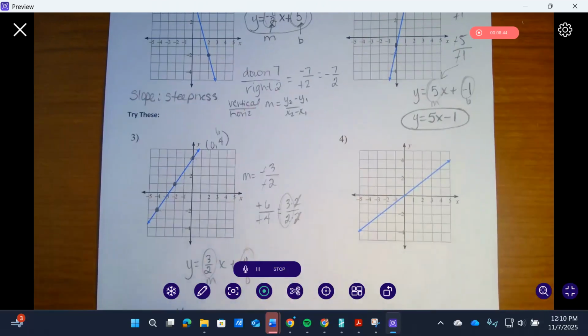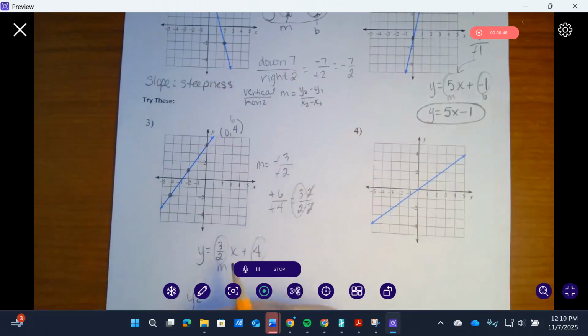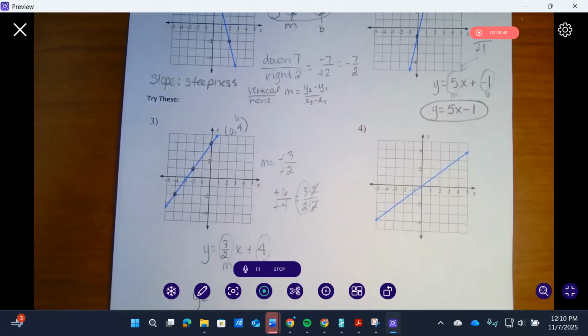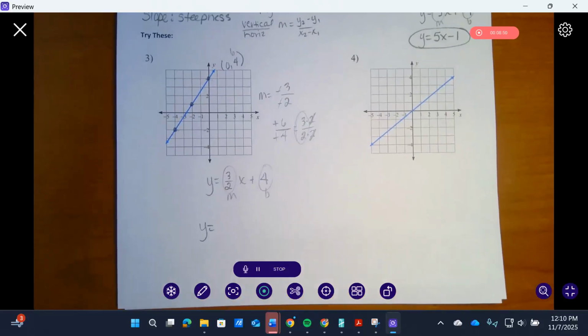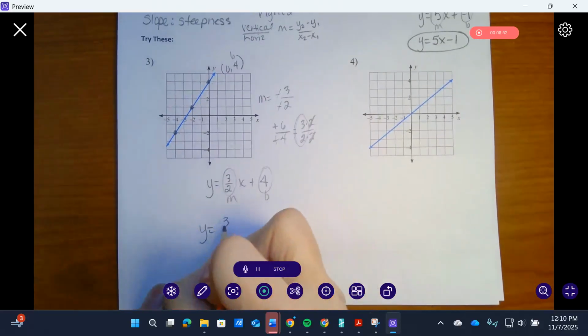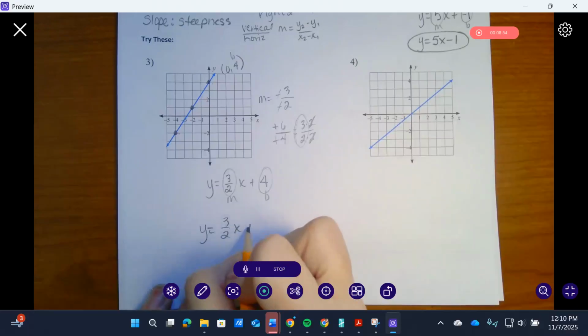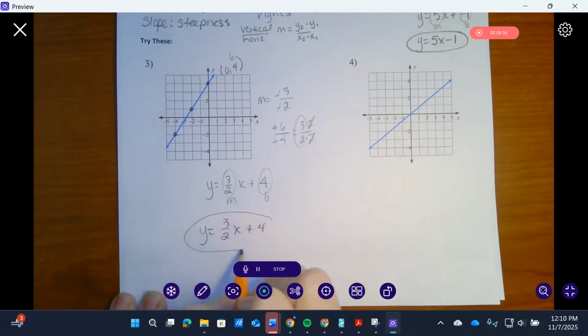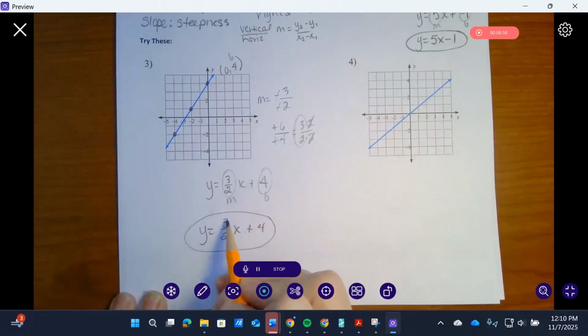Okay, so my equation, it's right here, but I'll rewrite it just for the sake of having nice tidy notes here. I like nice tidy notes. 3 over 2 x plus 4. Okay, so that means for every change vertically in 3, I have a horizontal change of 2.